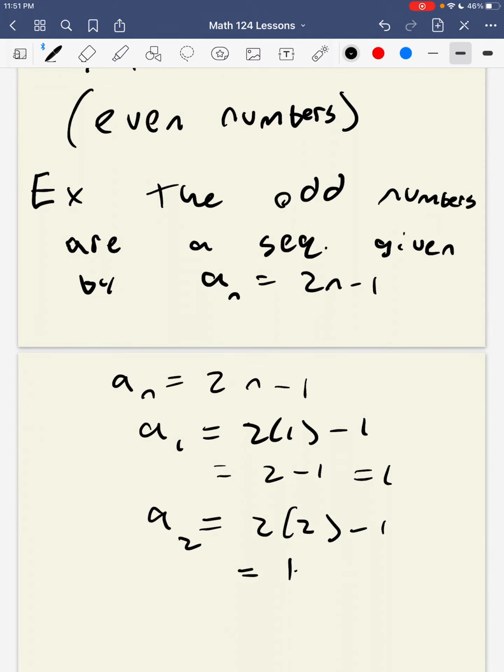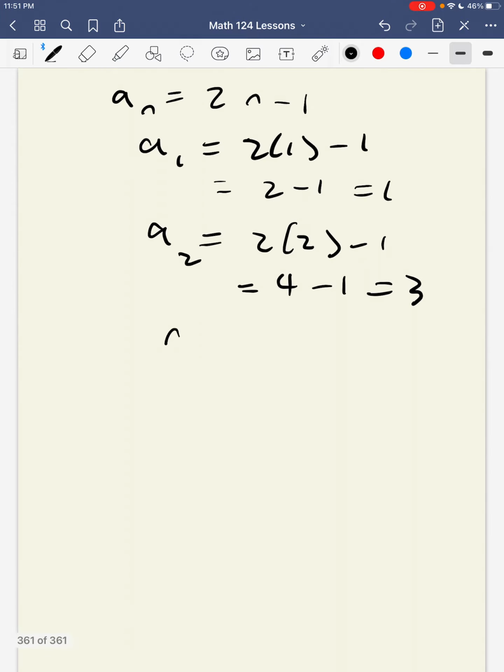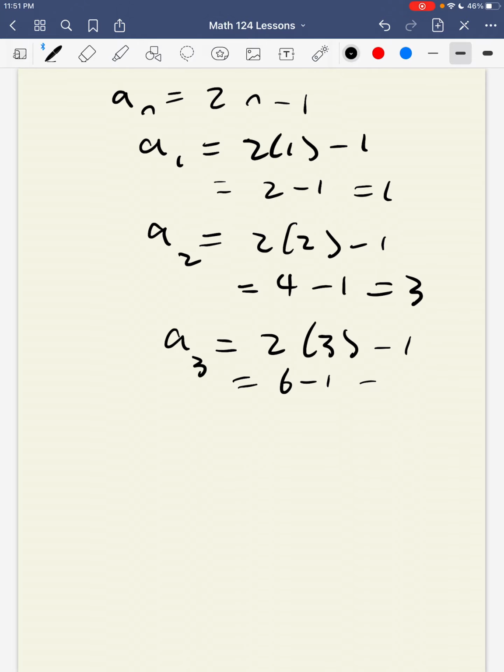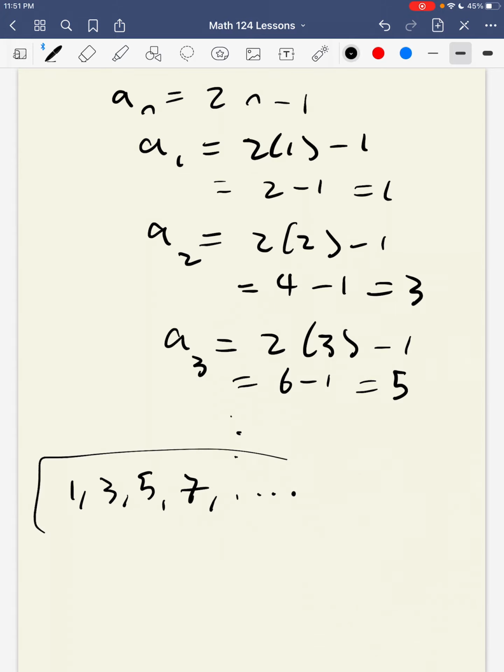We make 4 minus 1. We get 3. Plug in a 3. 2 times 3 minus 1. 6 minus 1. 5. And so on. So the sequence is 1, 3, 5, 7, etc. The odd numbers.